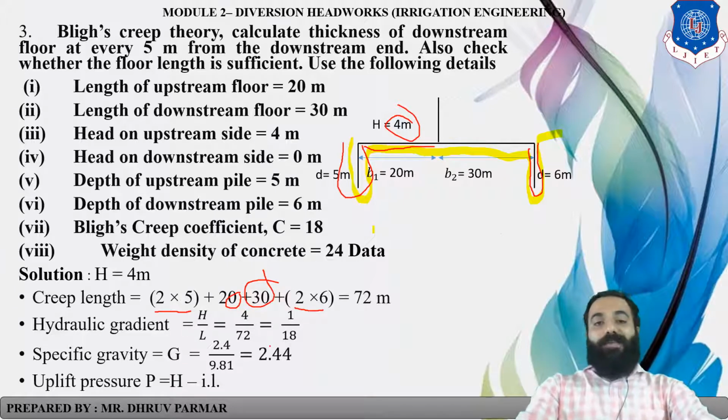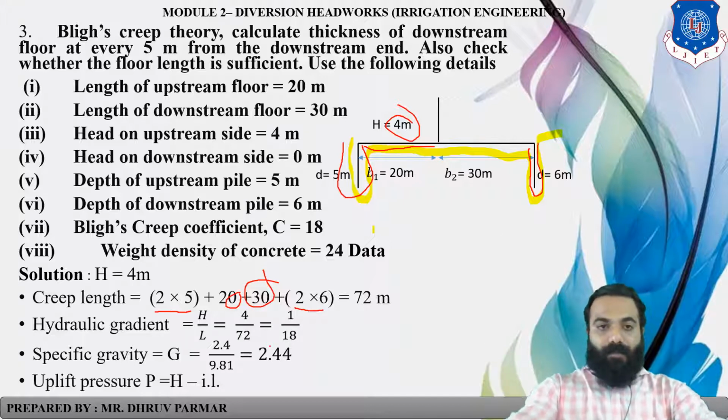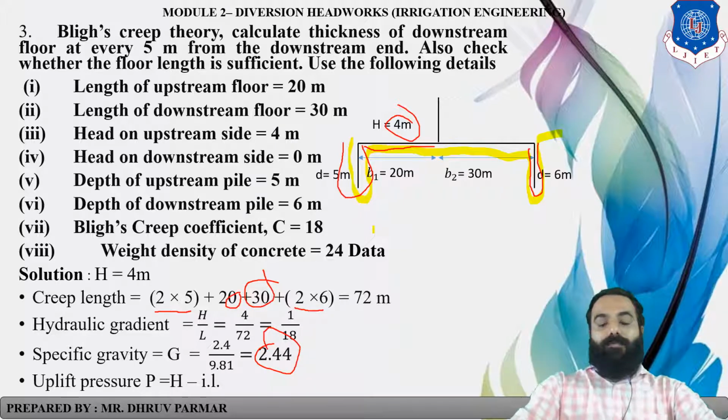The next one, specific gravity. So how can you find the specific gravity? The 2.4 is given, so specific gravity is 2.4 divided by 9.8, so we get 2.44. Otherwise, you remember that the specific gravity of concrete is 2.44.